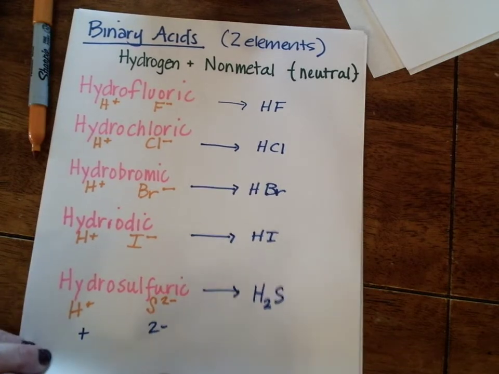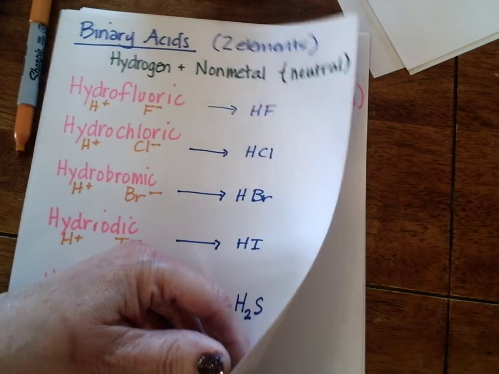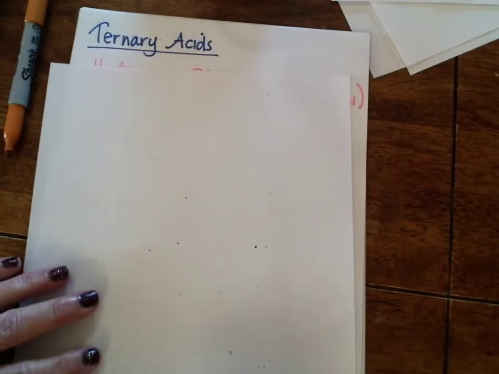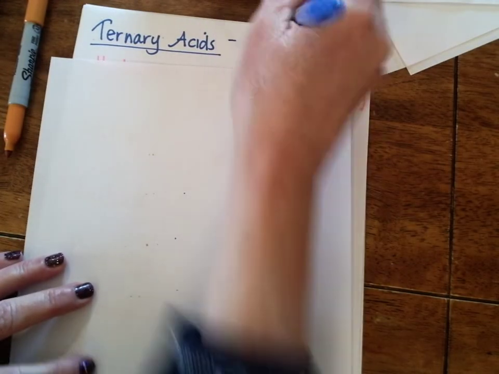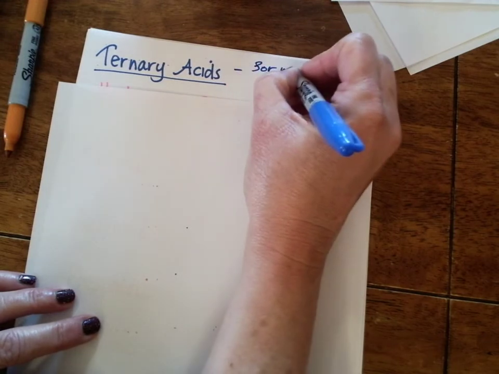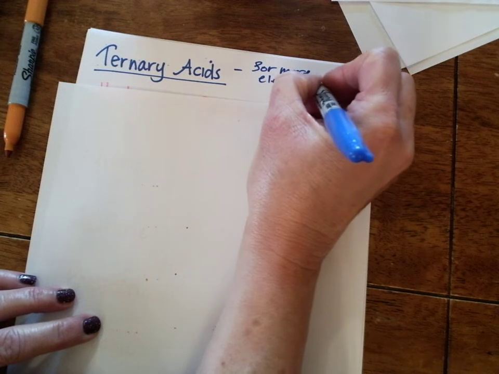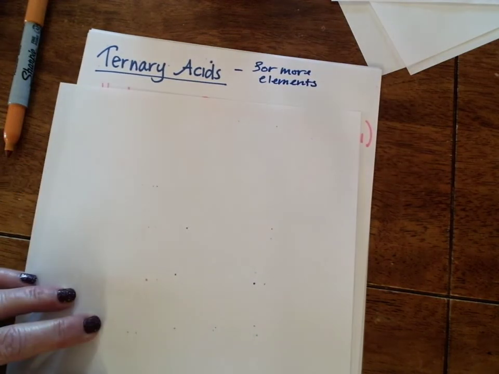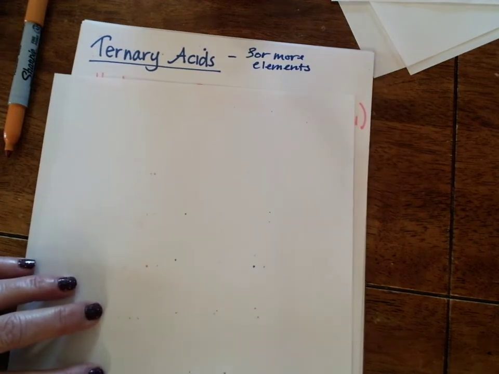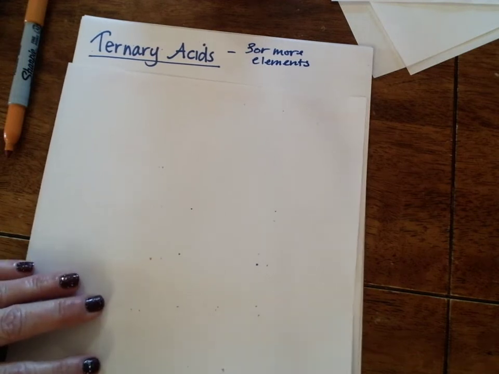Okay, so that's binary. There are also acids that are called ternary. A ternary acid, you can think of it as having, we'll say, 3 or more elements. That should make sense, that ter there. Ter sometimes means 3, sometimes means 4 in these things, so we start with the 3.